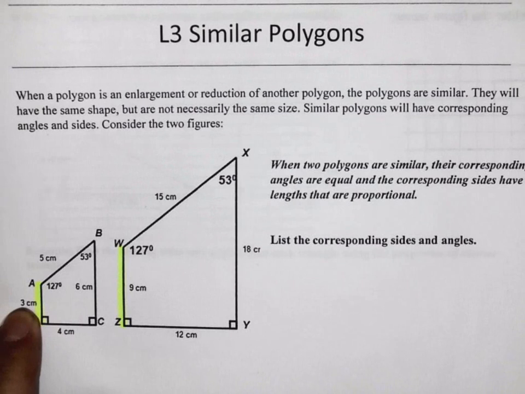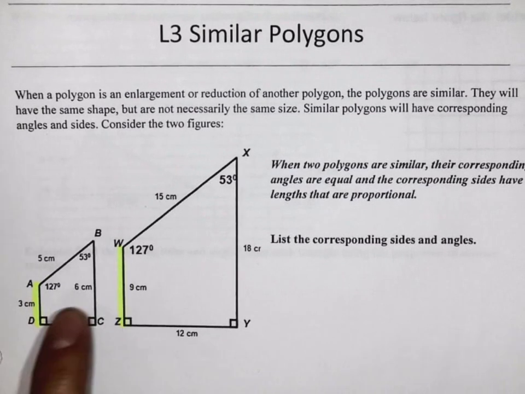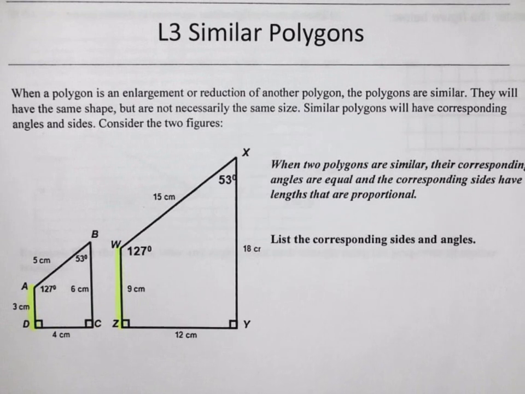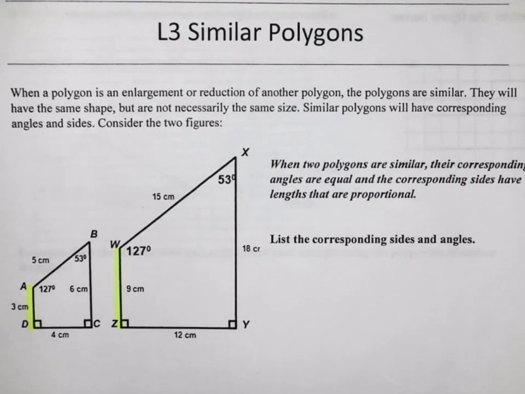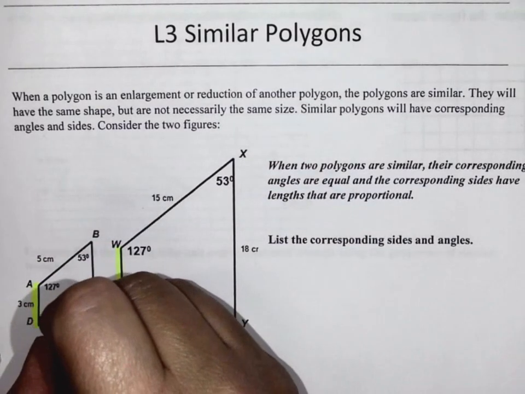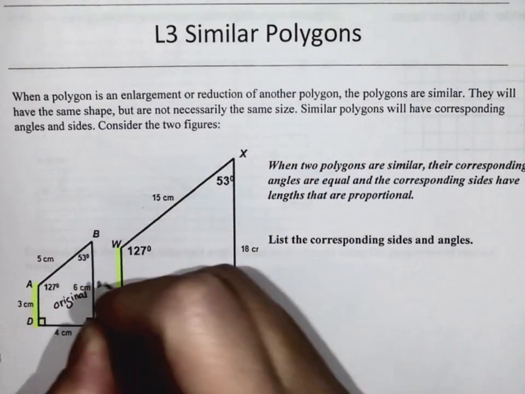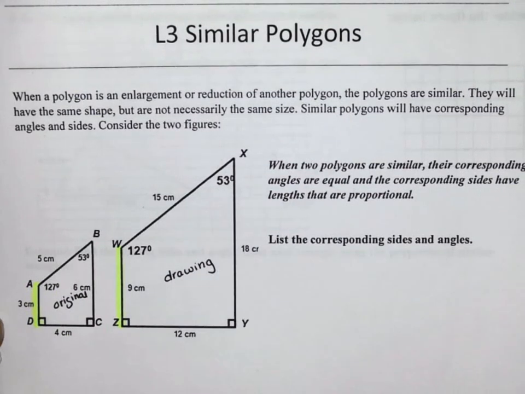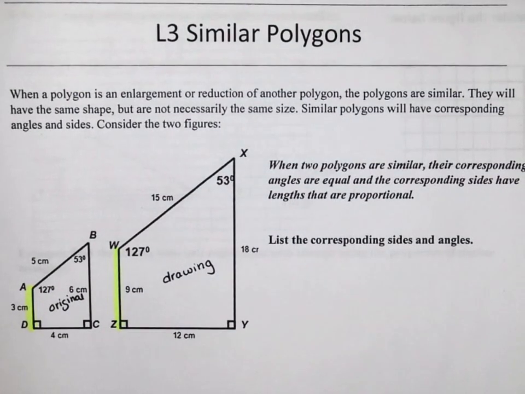So if this was 3 and this one was 9, what's my scale factor? Can you guys calculate the scale factor? Assuming that this one is the original and this one is the drawing. So if you're not sure how to do that, those would be the formulas from the very first lesson that we did.